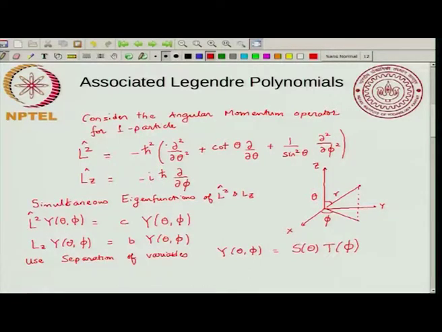Let me emphasize that these two are differential equations, because L square has a representation that involves derivatives, and similarly Lz also has a derivative. The second case is a first order differential equation, and for L square you have a second order partial differential equation that includes both theta and phi.